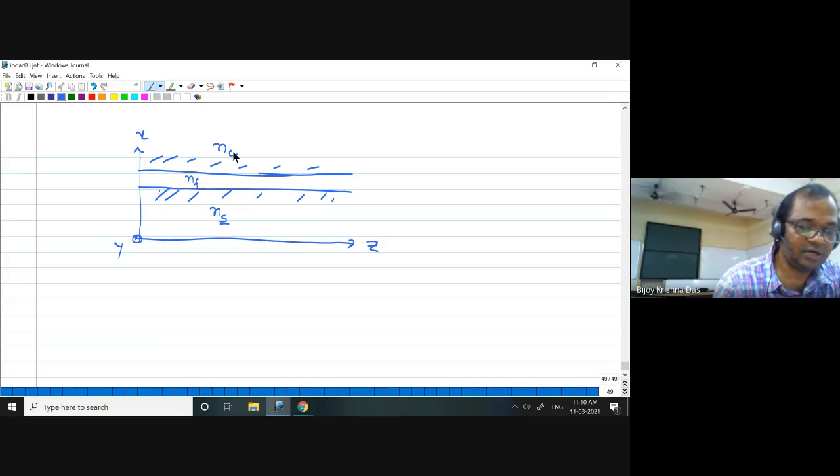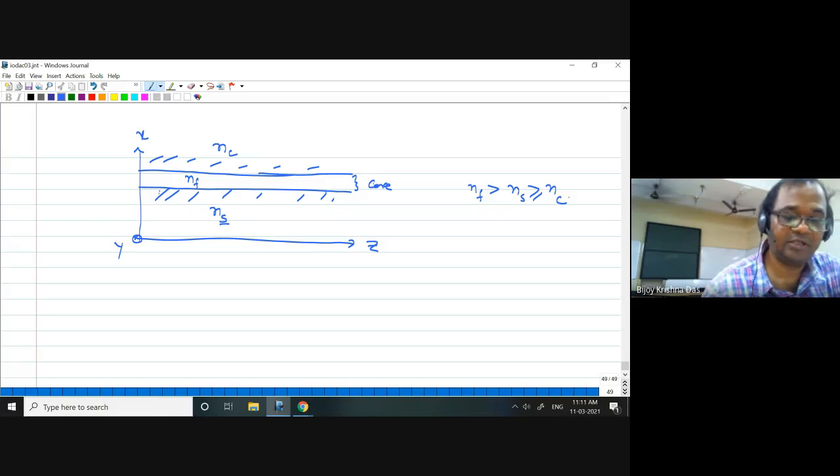Suppose it is infinitely extended along the Z axis and Y axis, and it's stacked along the X direction. This can be considered the core, where light can be confined in the X direction. So as usual, NF must be greater than NS, and typically NS is greater than or equal to NC.